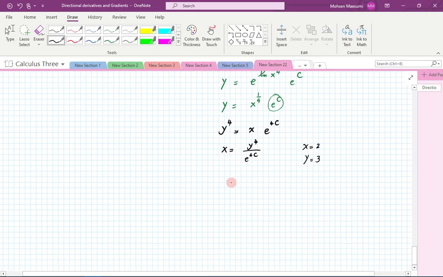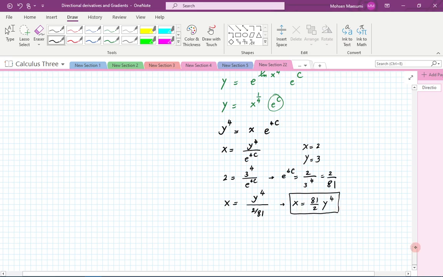If x is equal to 2, we have 2 is equal to 3 raised to the power of 4 over exponential of 4c. This tells me exponential of 4c has to be 2 over 3 to the power of 4, or in other words 2 over 81. So the final answer: x is equal to y to the power of 4 divided by 2 over 81. I can simplify this and say x is equal to 81 over 2 times y to the power of 4.